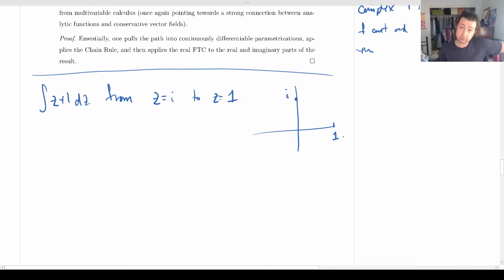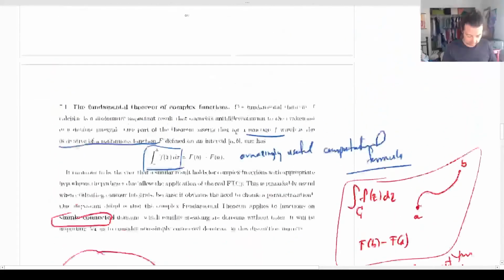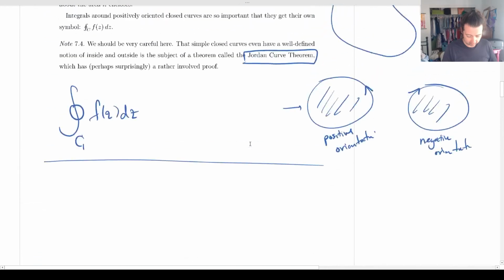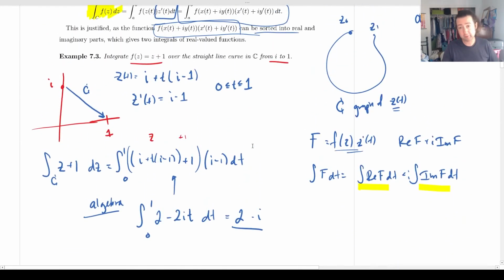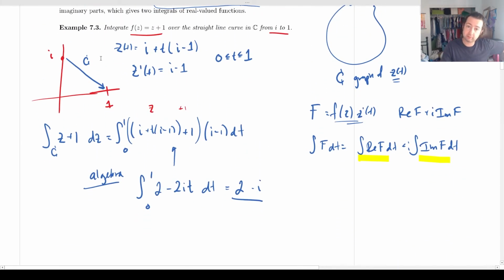When we did this before, we set up a parametrization, we plugged it in, and we had to do all sorts of algebra. There would have been a lot of algebra involved because I had to parameterize the path from i to 1, plug in, take this chain rule derivative, and evaluate everything in terms of the parameterization.